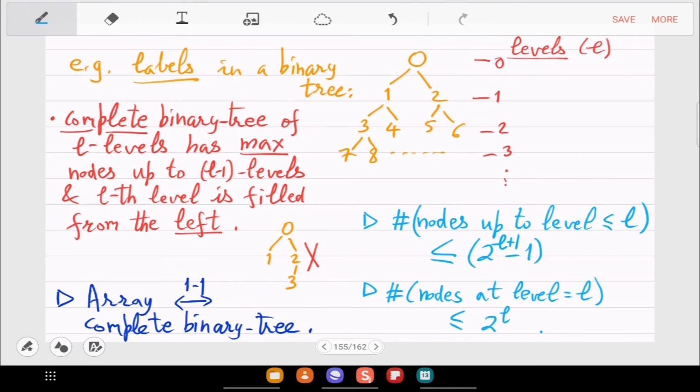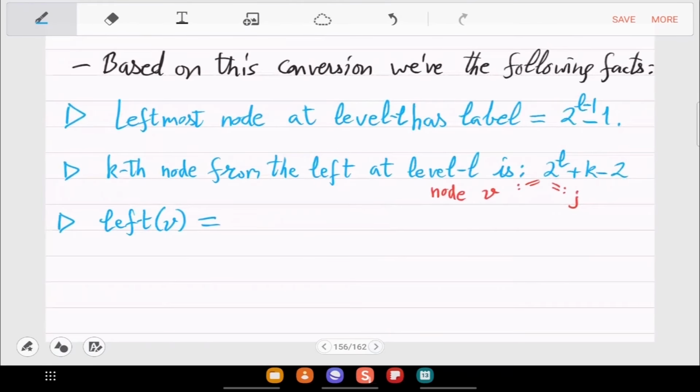So at level L, leftmost has label 2 raised to L minus 1, because for L equal to 0, you wanted answer 0. Yeah, so that matches. Then kth onwards, it's fine.